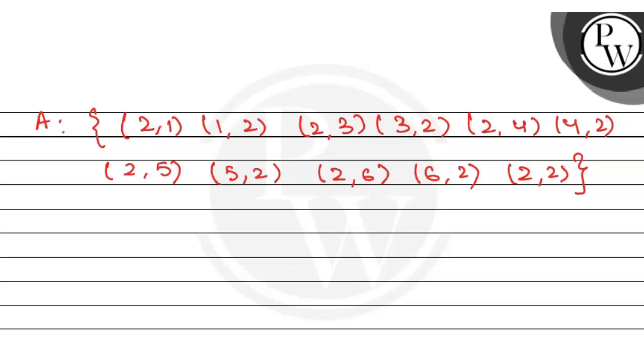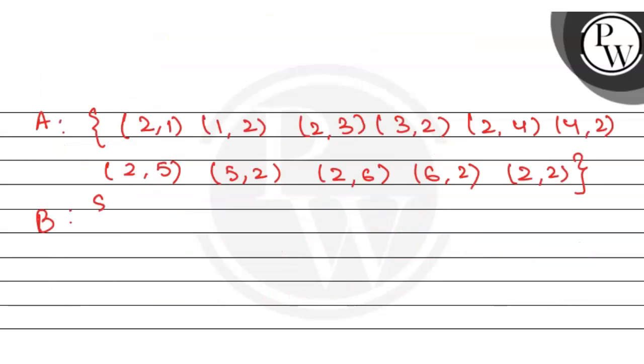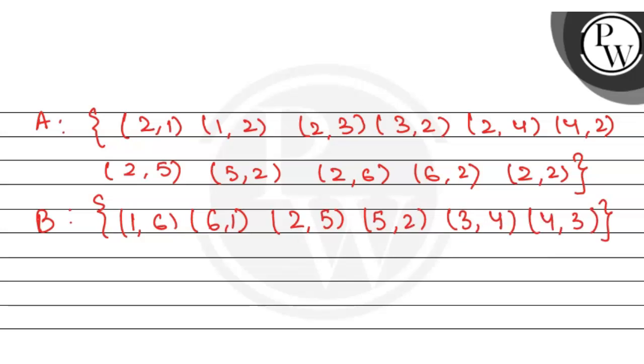And event B, that is the sum of outcomes is 7. So how many such events will there be? Such events will be (1,6), (6,1), (2,5), (5,2), (3,4) and (4,3).